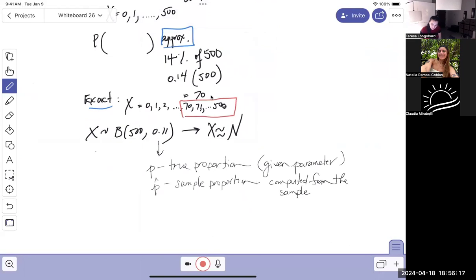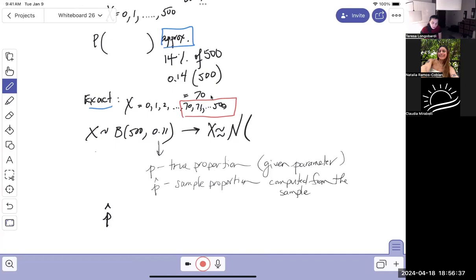So what we're going to do is talk about the proportion where X is the count.